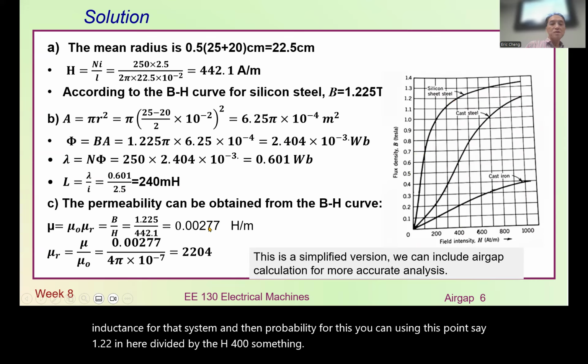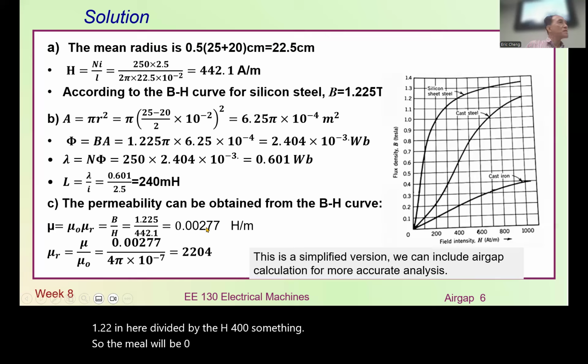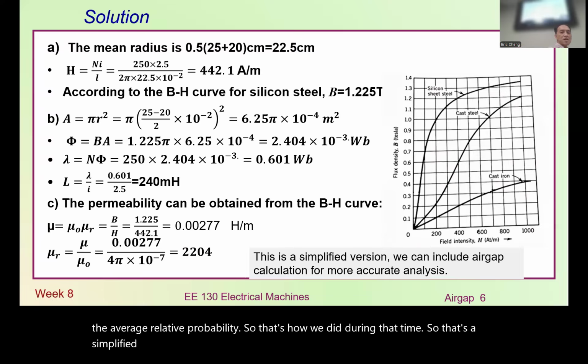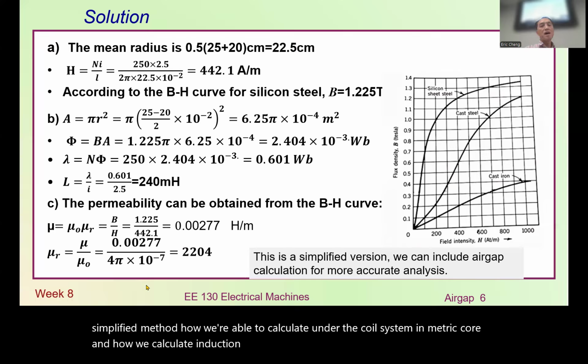So the mu will be 0.0027. Then we remove the mu naught from here, and we get the relative permeability. So that's a simplified method to calculate for that coil system in a metal core: the inductance, the B field, and the relative permeability.